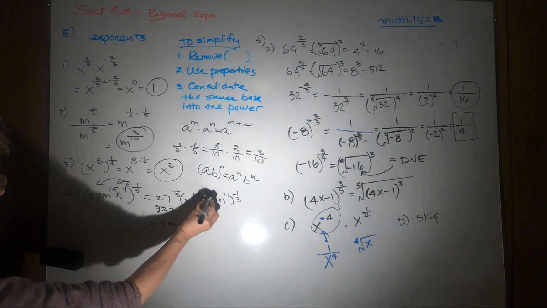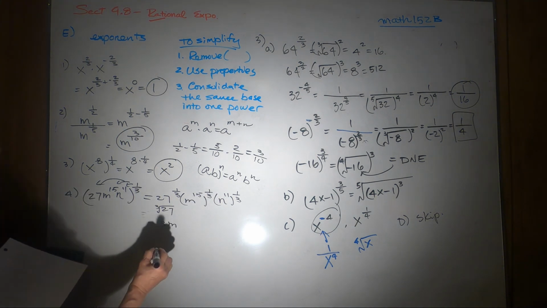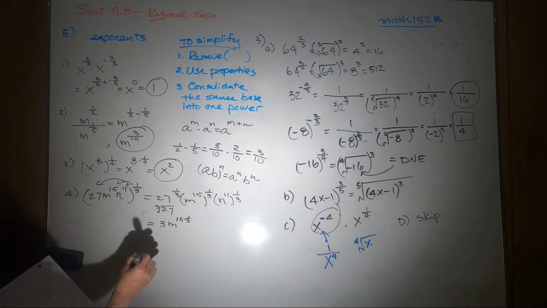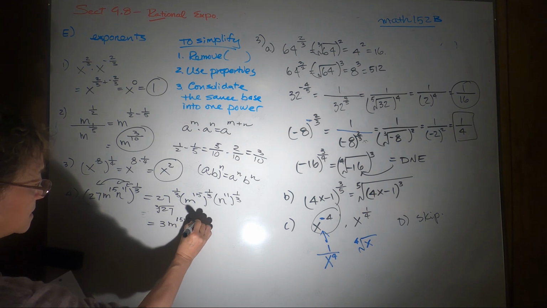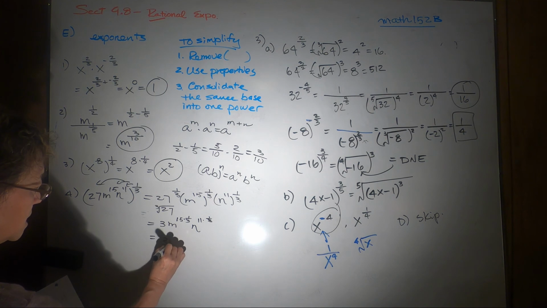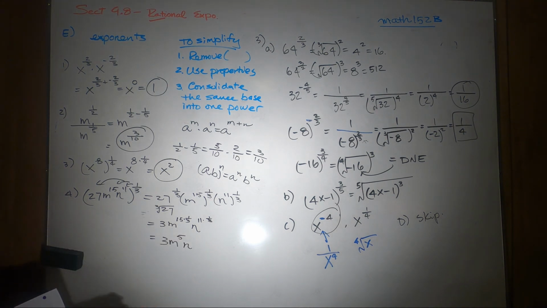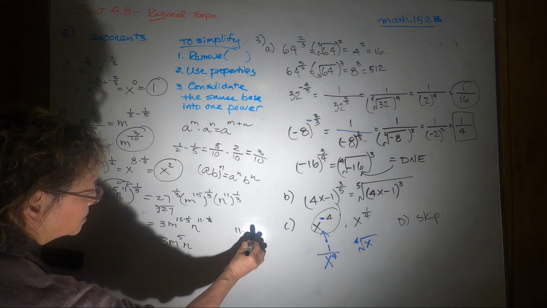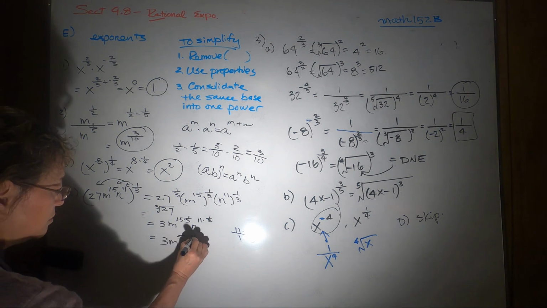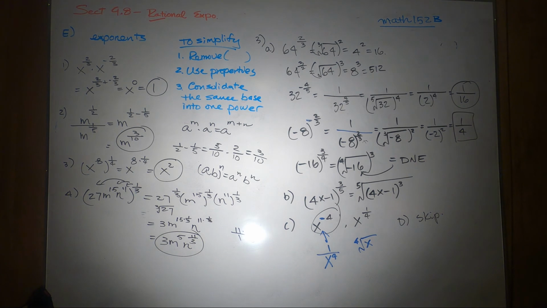Then n^15 times 1/3, power on power property, so that would be 3 n to the 5th power. n to the what? 11 times 1/3, you cannot simplify, you just multiply straight across. That would be 11/3.